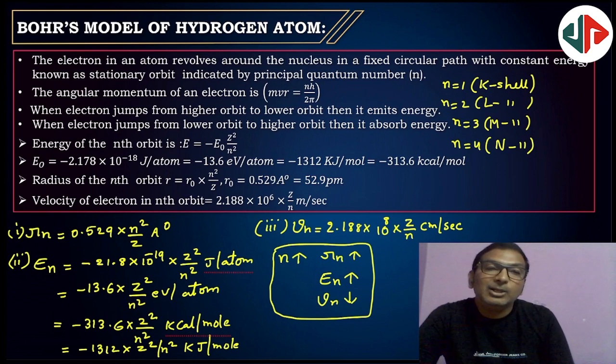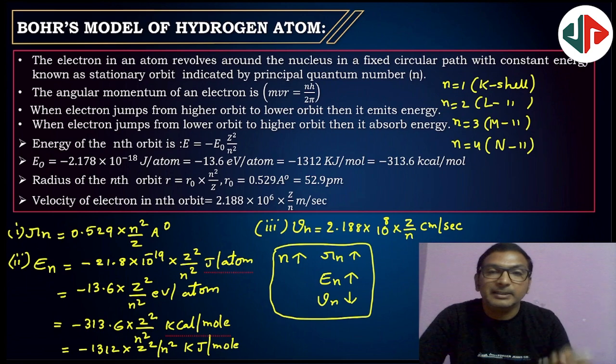So here E naught is energy of first orbit of hydrogen atom, in different units: joules per atom, electron volt per atom, kilocalories per mole, kilojoules per mole. Here remember these three relations: radius, energy, velocity and angular momentum of electron in particular orbit. Remember these.